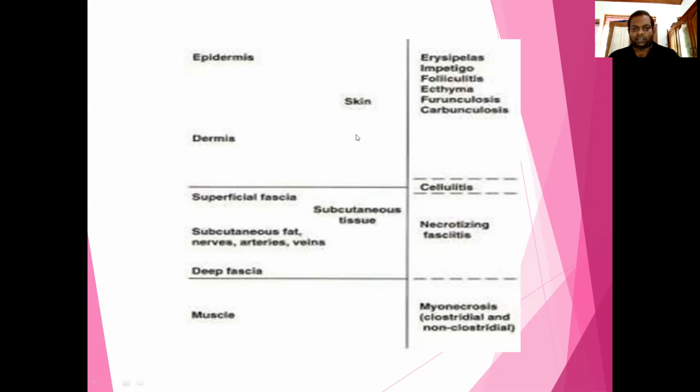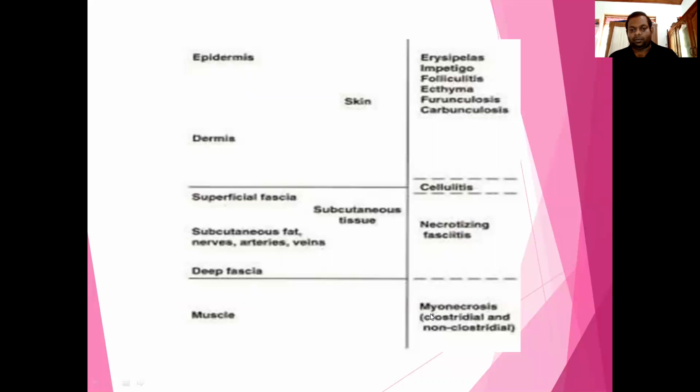Once infection goes beyond the skin and subcutaneous tissue, it is termed cellulitis. If it goes beyond, including the fascia, subcutaneous fats, and the blood supply, that is arteries and veins and nerves, sensitive, motor, mainly sensitive, and autonomic, it's termed necrotizing fasciitis.